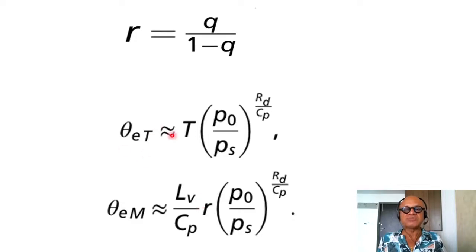So approximately we can split it into an equivalent potential temperature that is changing with temperature, and then consequently how humidity changes and that contribution to equivalent potential temperature.